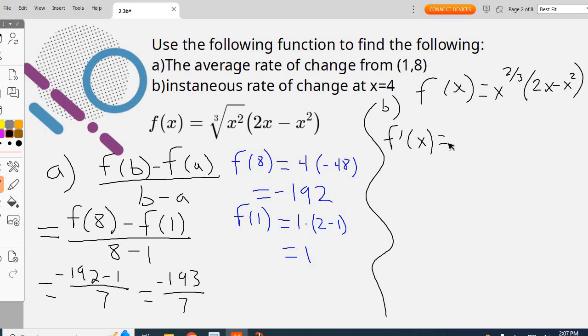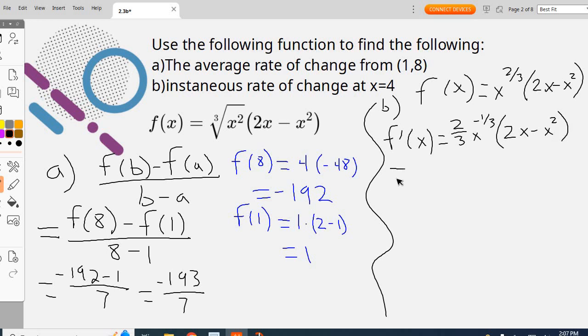So what would we get? 2/3 x to the negative 1/3. And then we leave our second one alone, so we have 2x minus x squared.